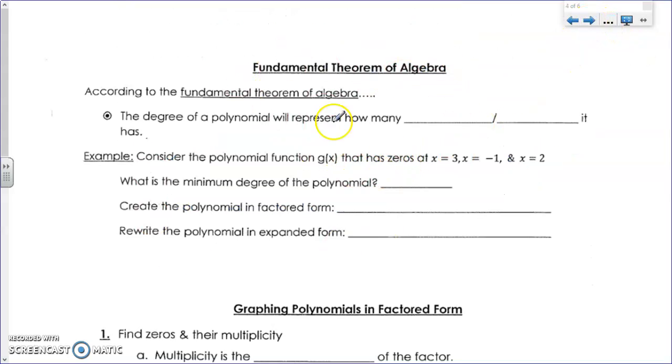So we've been talking about the fundamental theorem of algebra and different things. According to the fundamental theorem of algebra, the degree of a polynomial will represent how many roots or solutions the polynomial has. Okay, so if we consider the polynomial that has x equals 3, -1, and 2, what is the minimum degree that that polynomial will have?